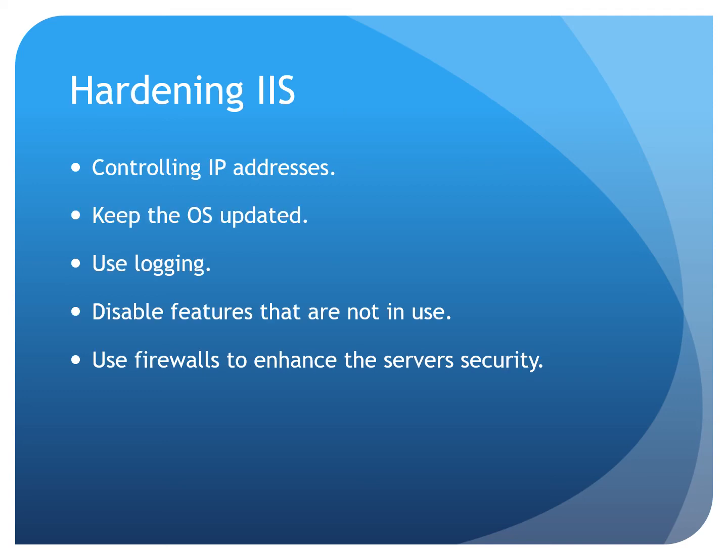Now, some of the recommendations for hardening Internet Information Services are to control the IP addresses that can access the web server, make sure the operating system is updated with all the security patches, use logging to see the visitors that access the web server, and disable any features of IIS that are not in use, so it will reduce potential attacks.